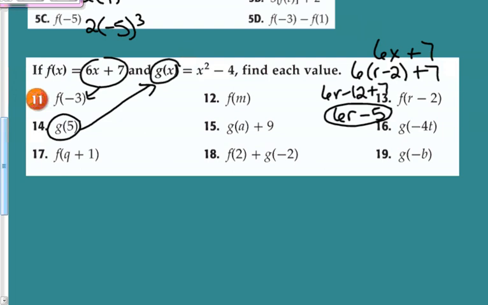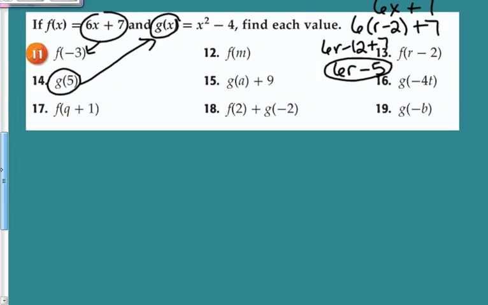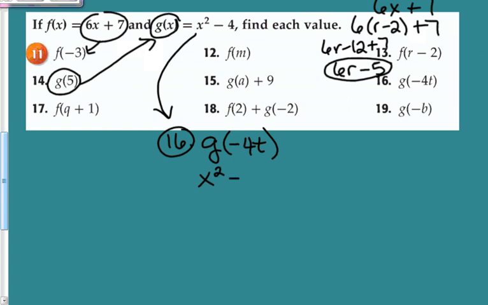I'm going to take number 16 now, g of negative 4t, and we're going to solve it. So I have to use this equation. So it's going to be x squared minus 4. The negative 4t goes in place of x.